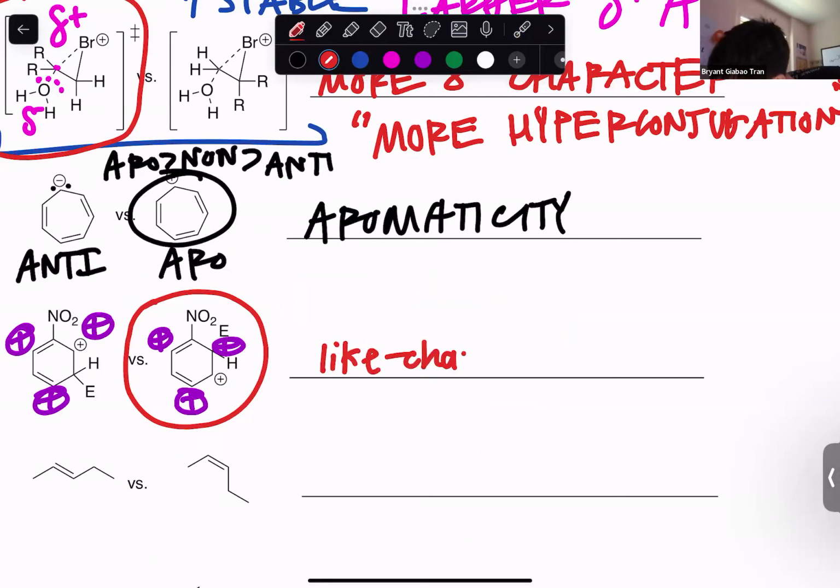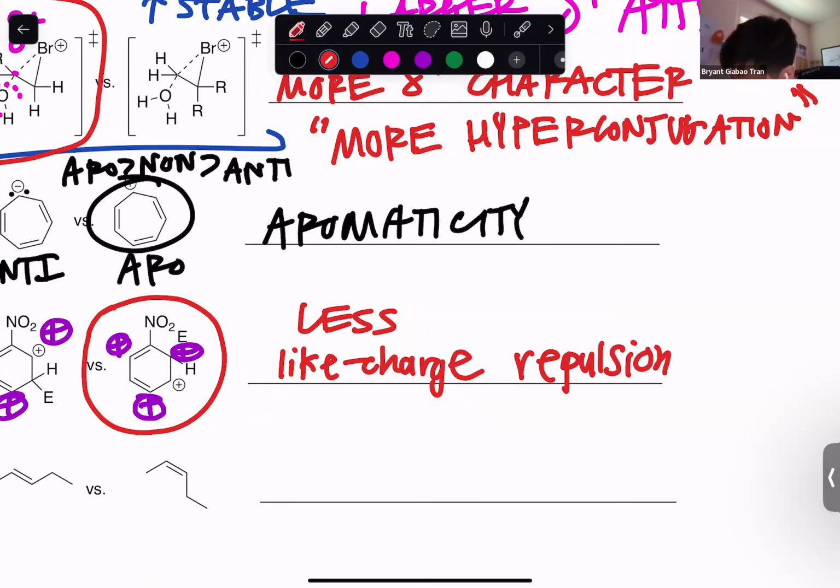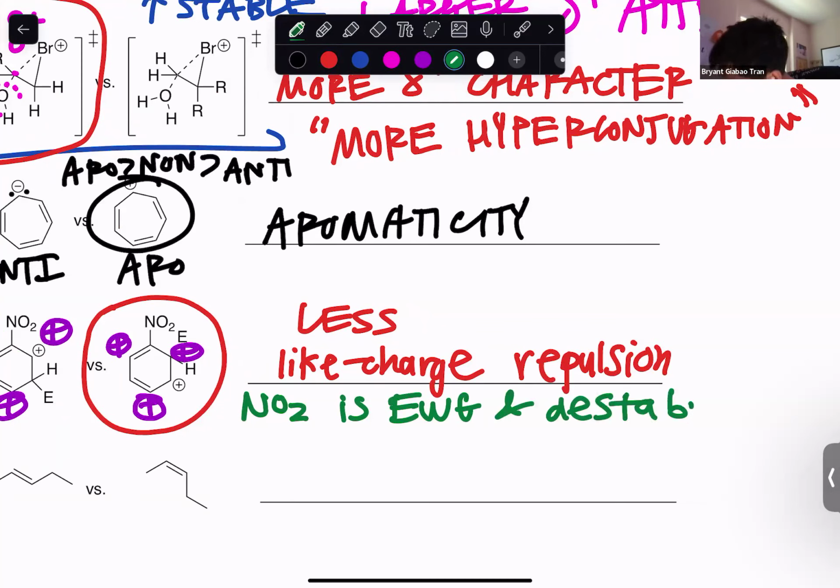Less like charge repulsion. She put, oh yeah, more specific: NO2 is an EWG and destabilizes the carbocation with direct ortho-para interaction, right?